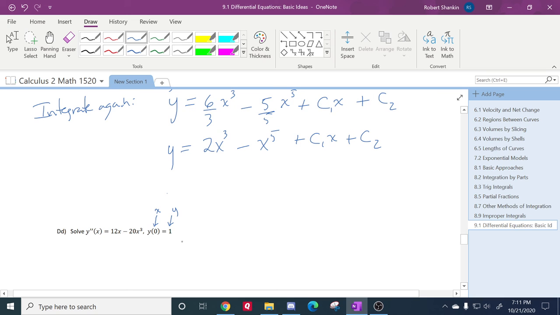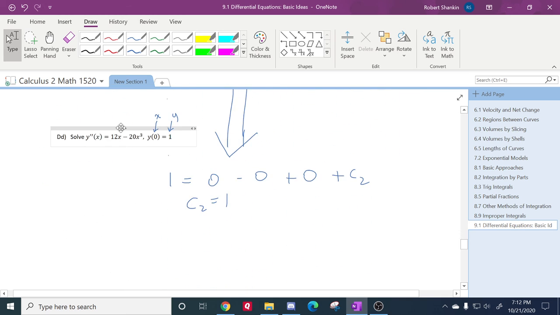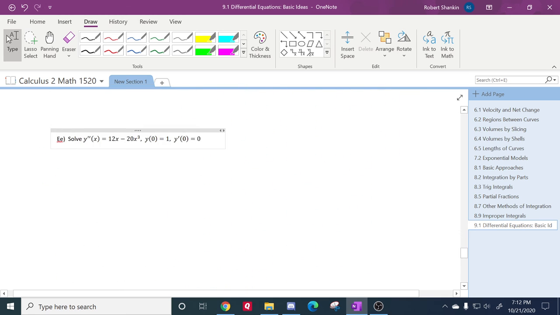So we take this solution up here and we would bring it all down. And the y would be 1 on this side. The x's would all be zeros. When x is 0, it zeroes out everything except, so it's 0 minus 0 plus 0 plus C2. And this would tell you what C2 is. But it wouldn't tell you what C1 is.